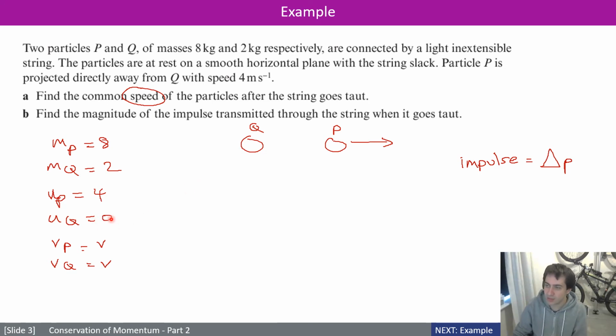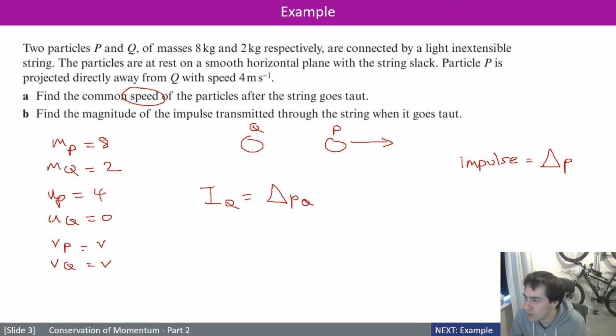Its change in momentum is just what momentum it ended up getting. So let's write it formally, the impulse on Q is the change in momentum of Q. It's a bit confusing that I've written P there, because that means momentum p, not capital P. I'm going to try and do that as a lowercase p, nothing to do with the capital P.